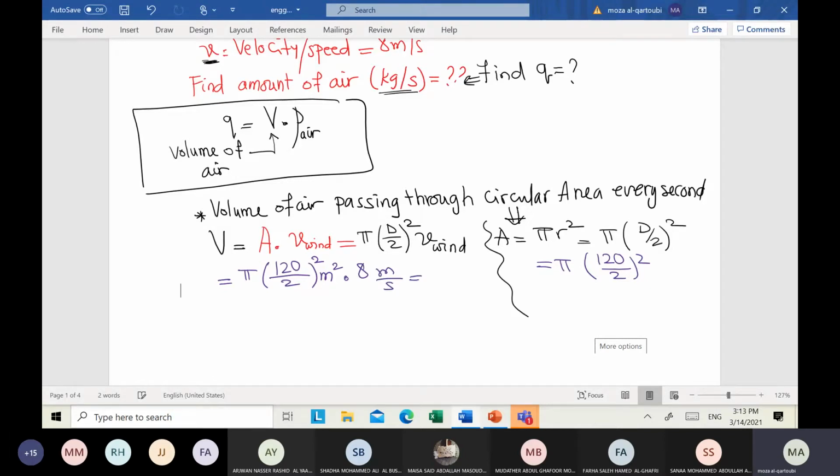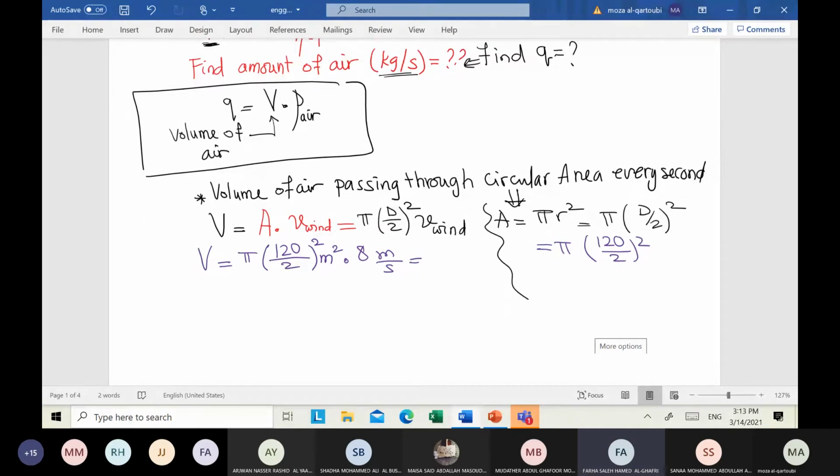So the unit of volume will be meter squared times meter, so meter cubed per second, given the value of volume.